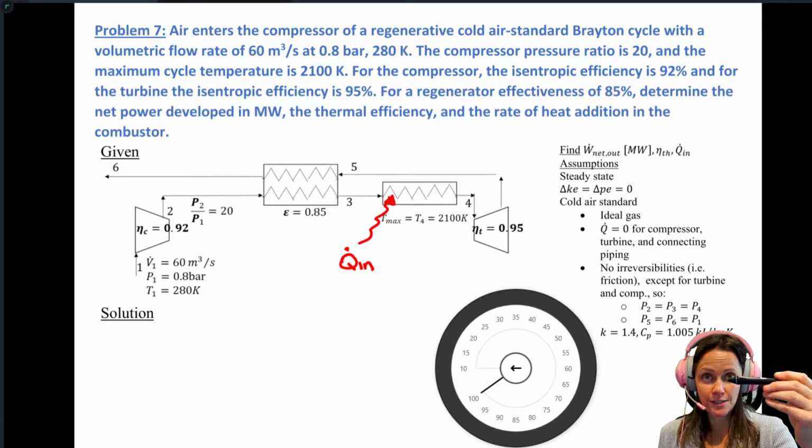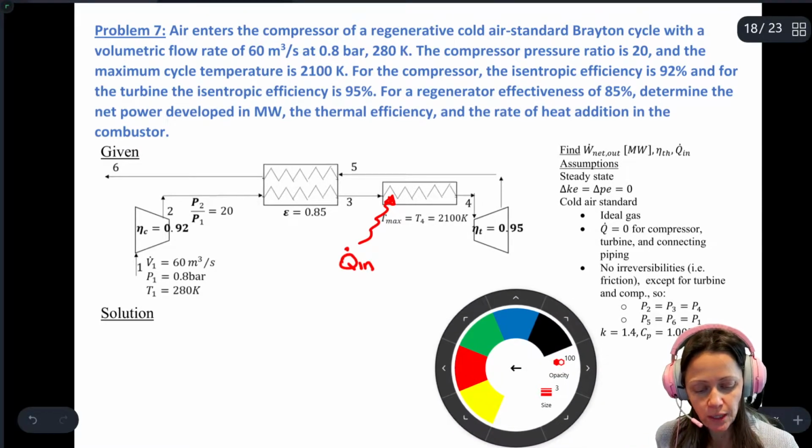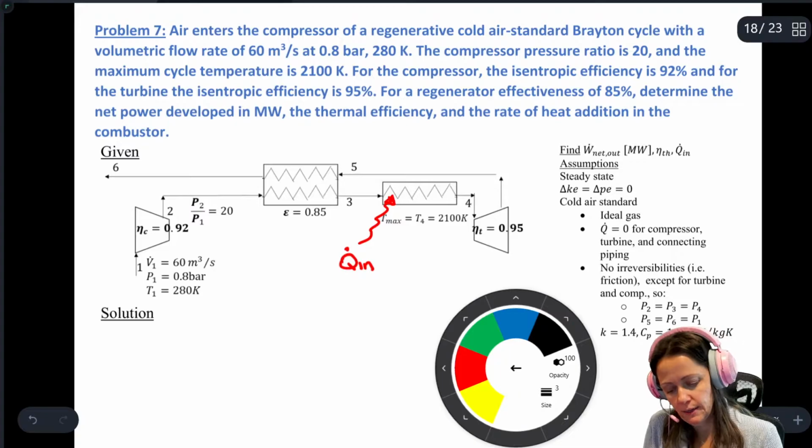Then from 5 to 6, you're transferring some of that waste energy back into the cycle. It goes down a little bit more. And then from 6 to 1, it's not drawn. However, do keep in mind that, yes, that's an exhaust process, but you're modeling that exhaust process as a constant pressure heat rejection process.